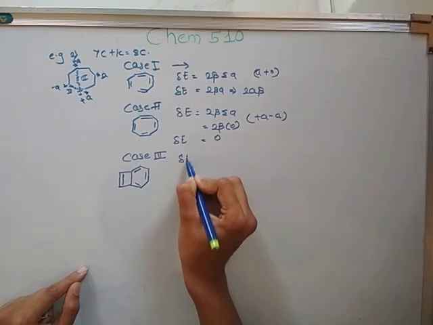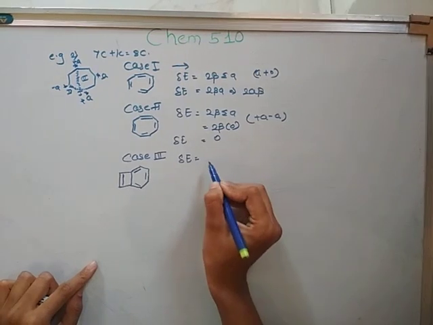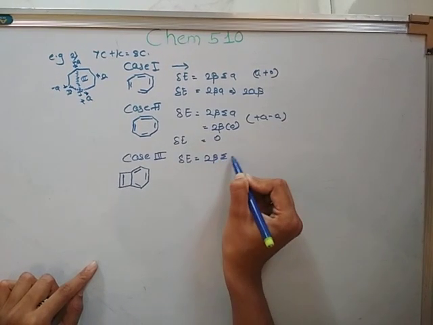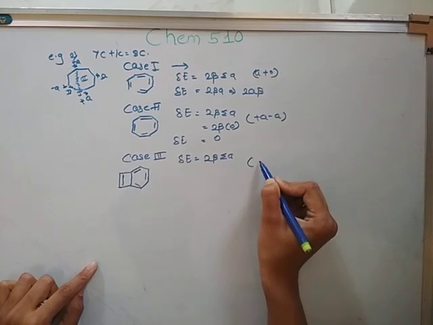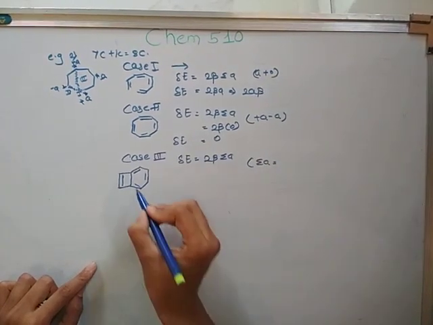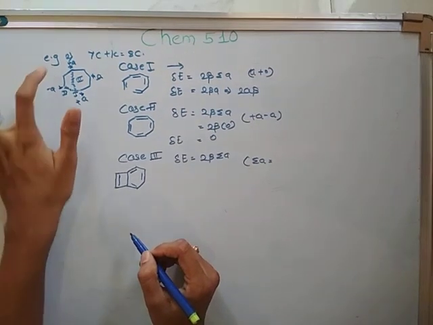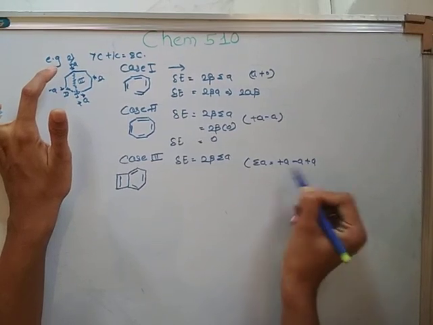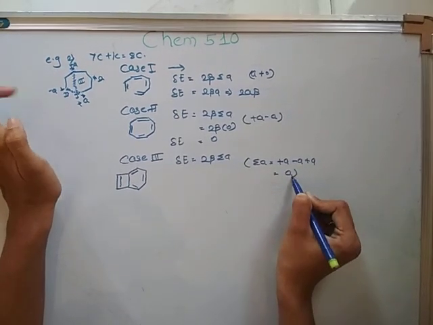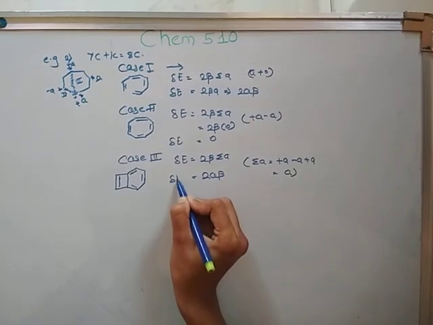So delta E is equal to 2 beta summation of A. Here summation of A is plus A, minus A, plus A, plus A, minus A, plus A, which is equal to A. So delta E is 2A beta.